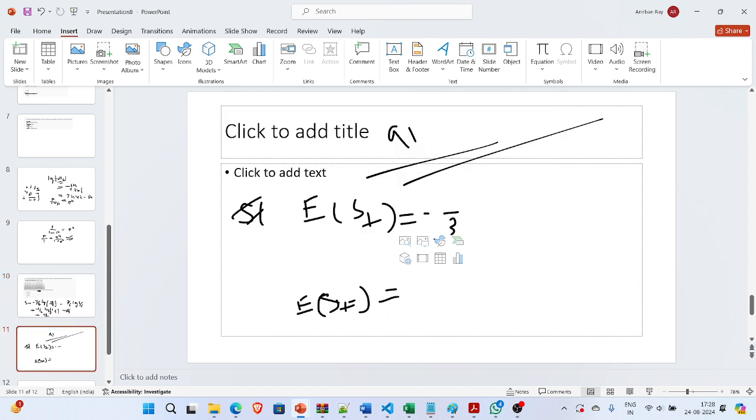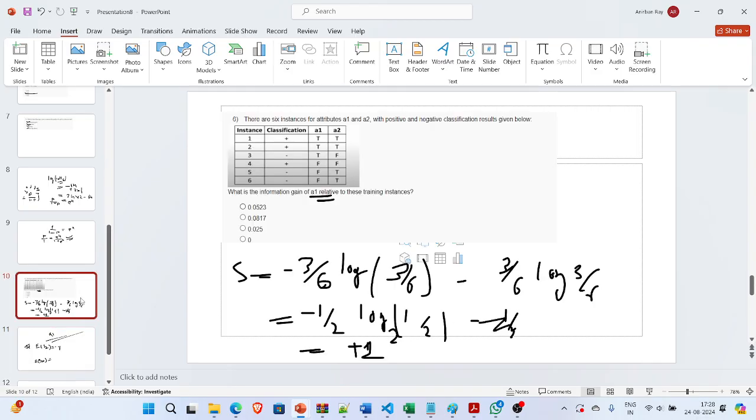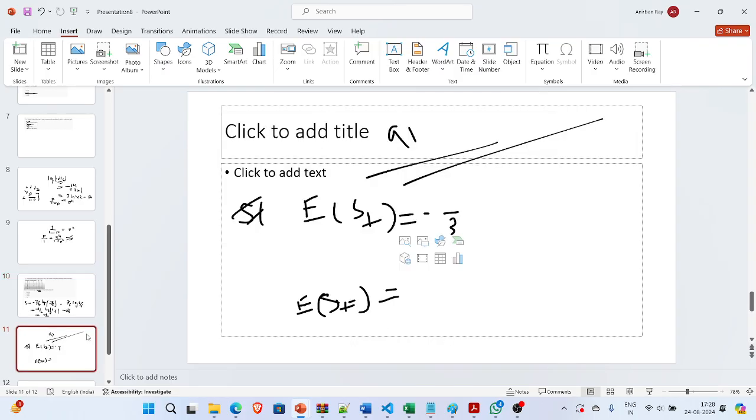And out of that, how many times have we classified it positively? That is 2 times. So this is 2 log, same repeated, 2 by 3, then minus 1 by 3 log of 1 by 3. So this comes out to be about 0.9183. I've calculated before, so this comes out to be this.